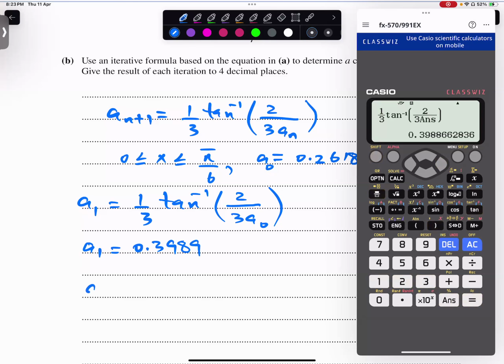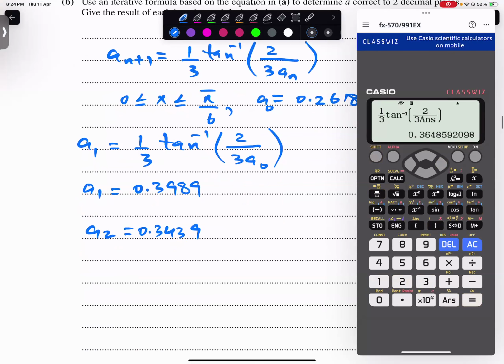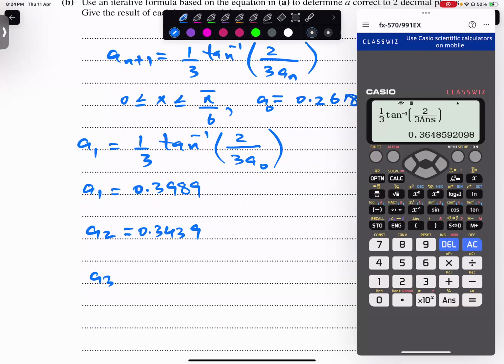You will get a1 as 0.3989. Press equal again. You will get 0.3439. Press equal again. You will get a3 as 0.3648.